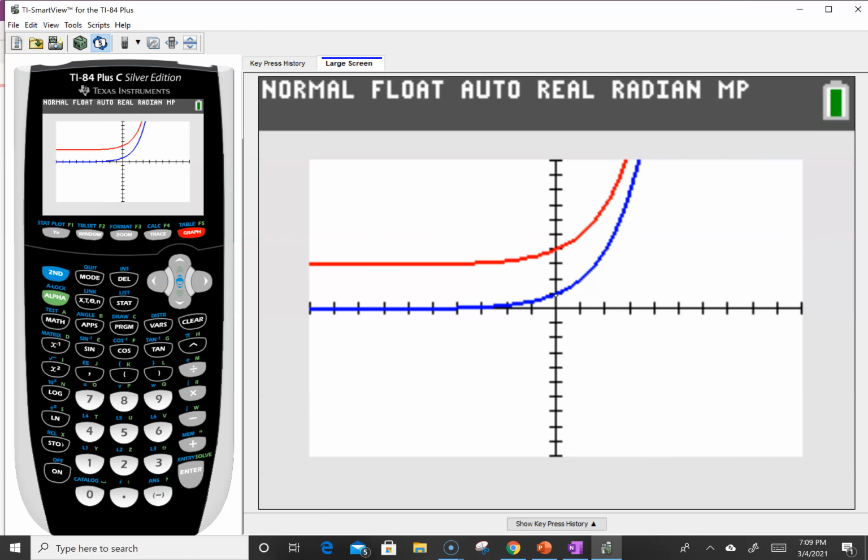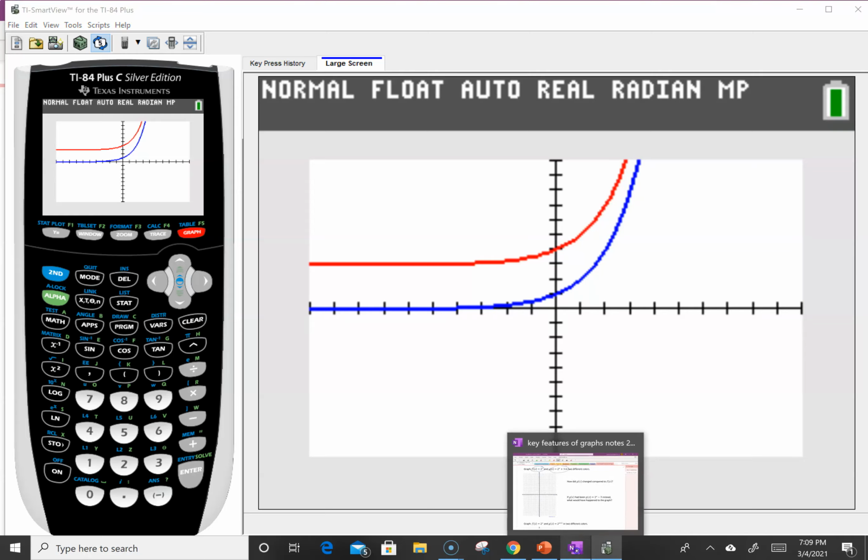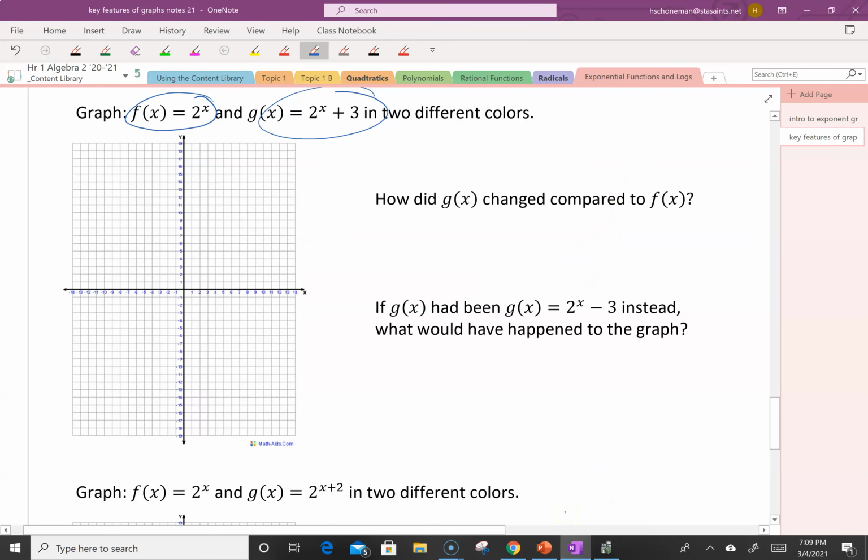Before, the y-intercept was at 1, now it's at 4, which is 1, 2, 3 positions higher. So adding that number on the end shifts the graph up. I'm not going to plot the points because you can do that on your own. But adding this plus 3 shifted the graph up 3 units. So if we subtracted the 3, it would shift down 3 units.